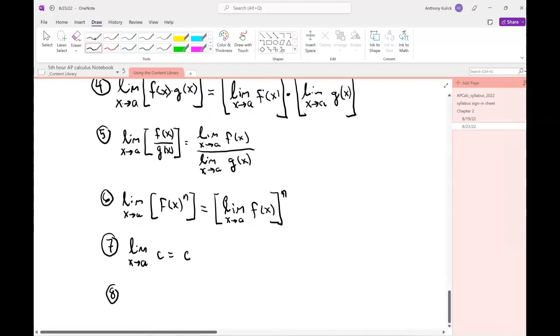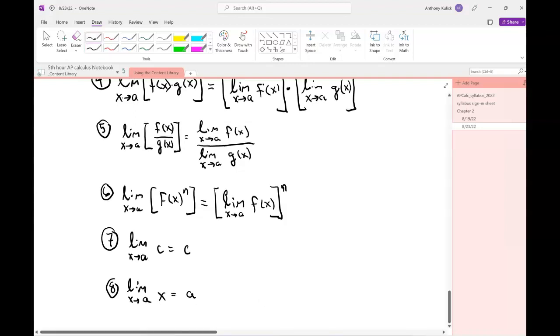And here is one that is also quite helpful. The limit as x approaches a of x is just a. We just plugged a into our function.